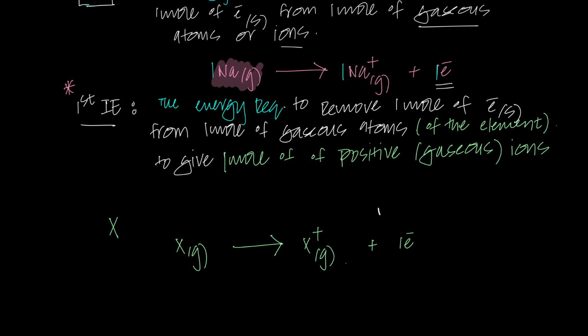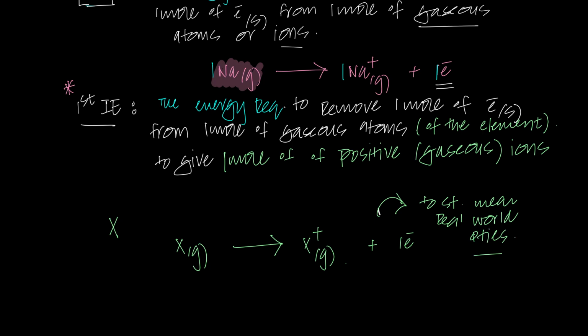Why 1 mole of electrons? The examiner is never going to ask you why gaseous state, why 1 mole of electrons. I'm just telling you this to solidify concepts, because no teacher is going to tell you why. Why 1 mole? To standardize measurements and relate to real world quantities, because in the real world we deal with moles, not a single atom or a single ion or a single electron.